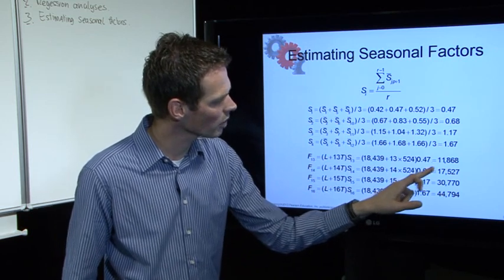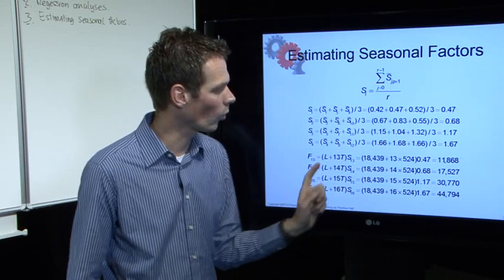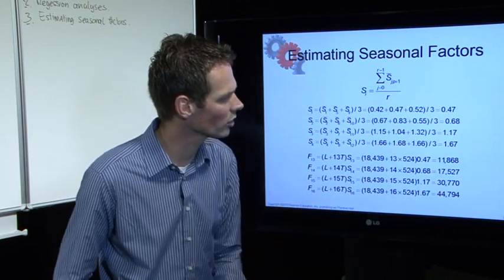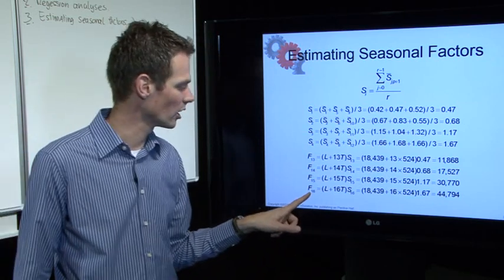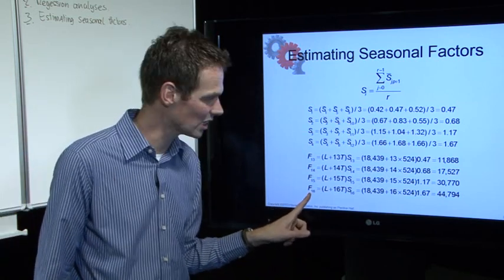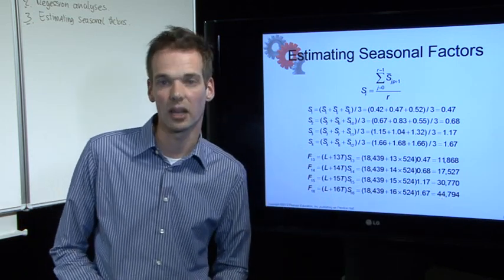This comes up with a forecast in period 13 for 11,868, and the forecast for period 16 is 44,794.